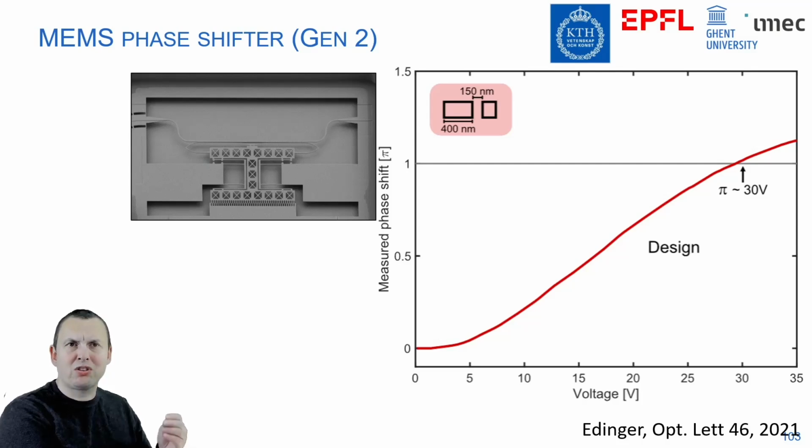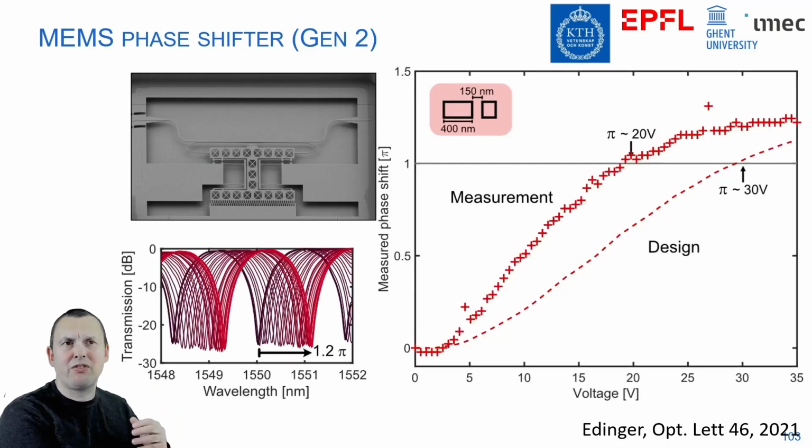Now in practice, because of the built-in stress of the silicon on insulator layer, the device is even more efficient. So we get this pi phase shift for about 20 volts of actuation, which is really good, although the voltage might be relatively high. The power consumption is in the order of nanowatts.